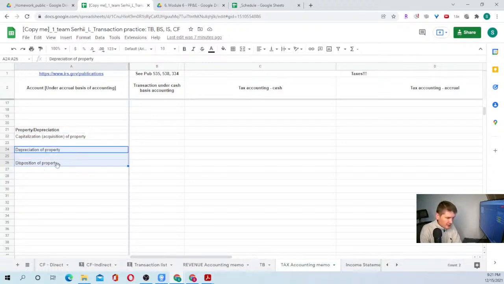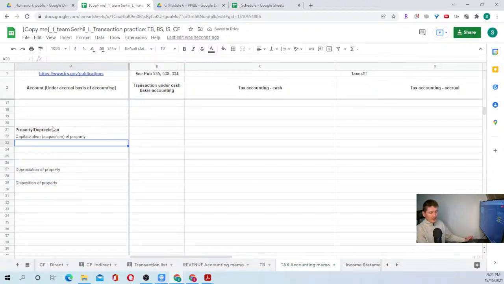So I did a bit of a refresher for the tax memo, which we were doing in earlier lectures. When we acquire the property, we debit the property and credit the sources we use to finance it: cash, loan, trade payable, etc. Whatever source of funding we use for PP&E.